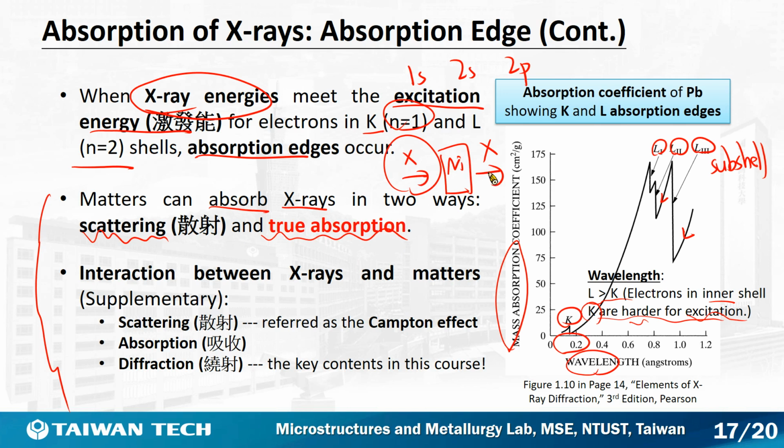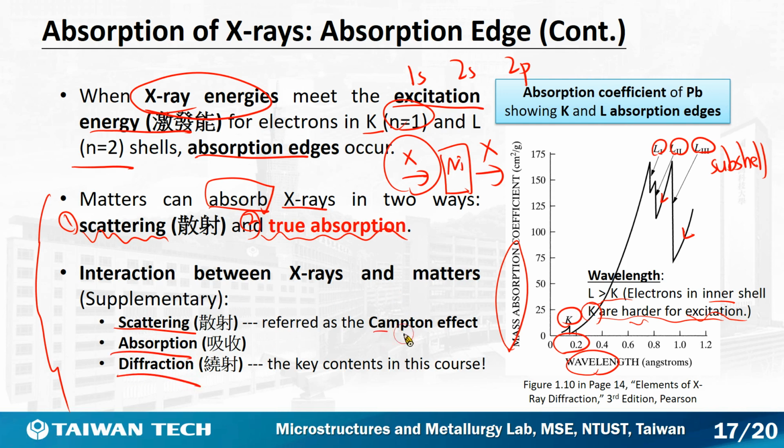We know that the intensity will be decreased. It will absorb X-ray, but we have two different mechanisms. And for the interactions between X-ray and matter, we will have three types: scattering, absorption, and diffractions.